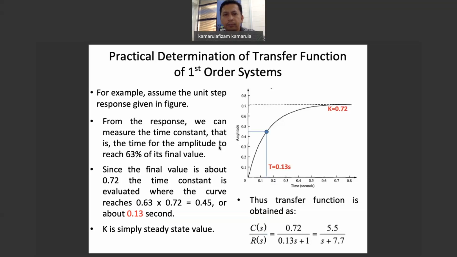For the first order system, you can simply say that it is K, 0.72, over 0.13 seconds, the capital T, s plus 1. This is a very basic response for a first order system. You can do the simplification, and you will finally have the whole transfer function of the system given by this graph.